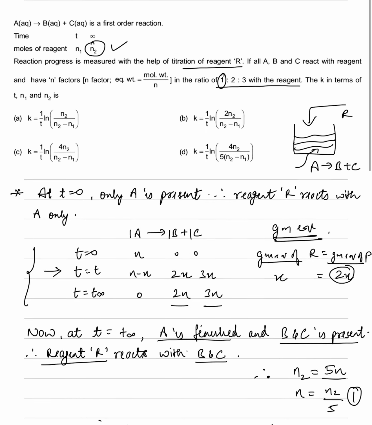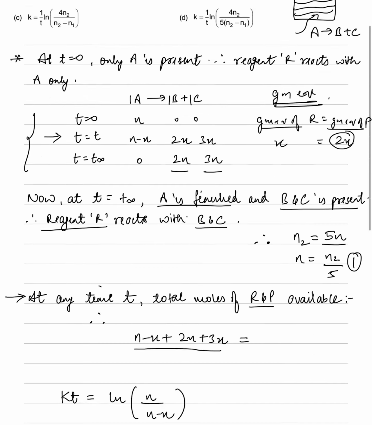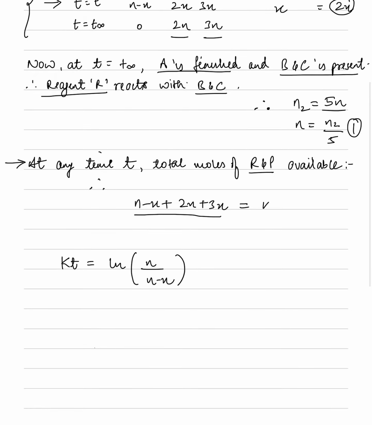It is N1, right? As you can see in the question, at any time t, N1 is the number of moles of reagent required. So we equate with N1. From here, we can easily find x. So it will be n plus 4x is equal to N1, right? So from here, x will be equal to (N1 minus n) upon 4. This is how we can easily find x.